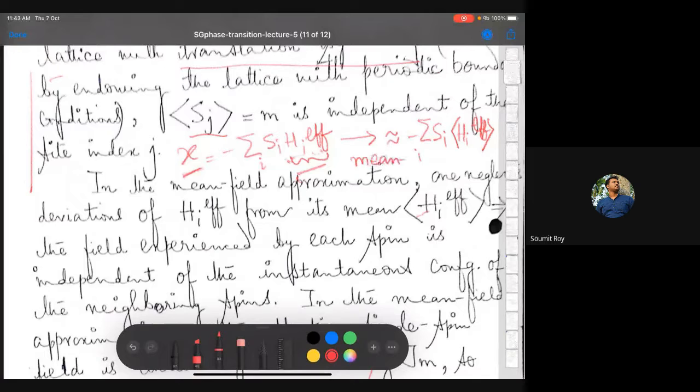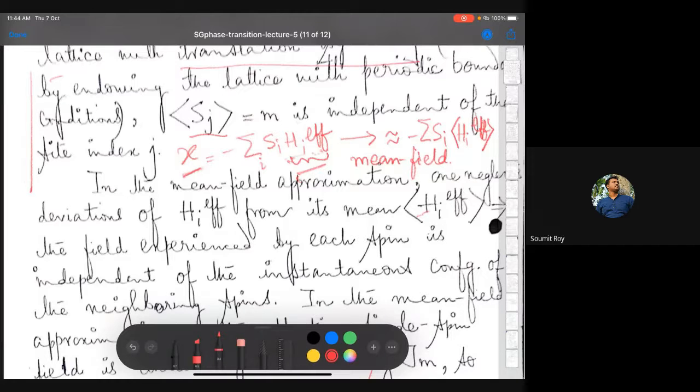Mean meaning what? Mean means average. The word mean has got many connotations. It has several meanings. You say like, I mean it, or this guy is so mean.